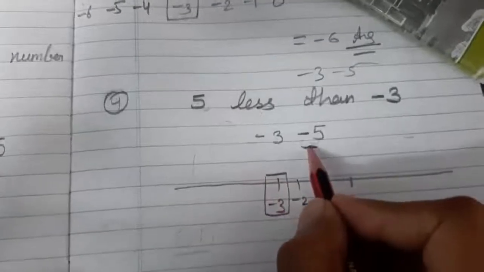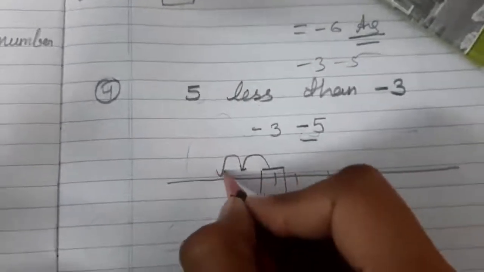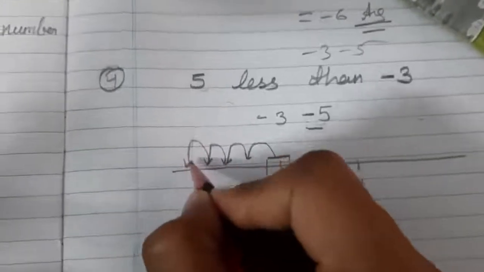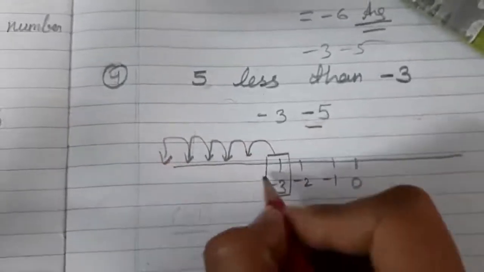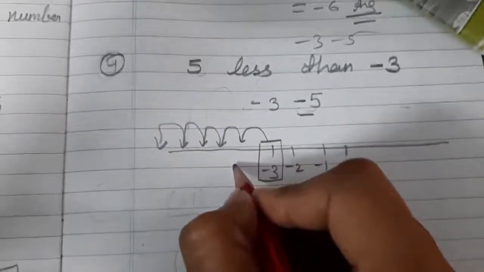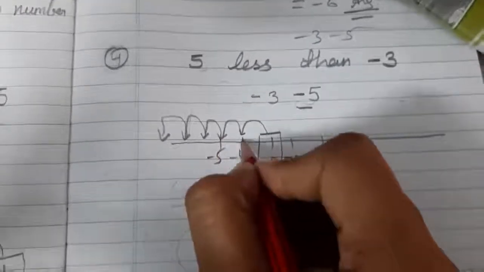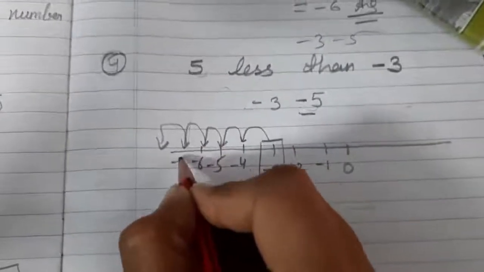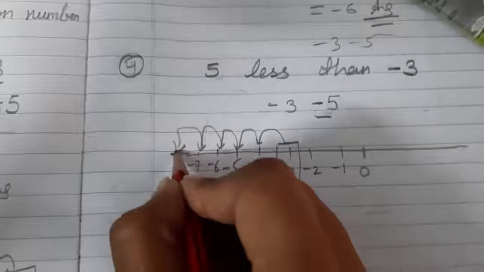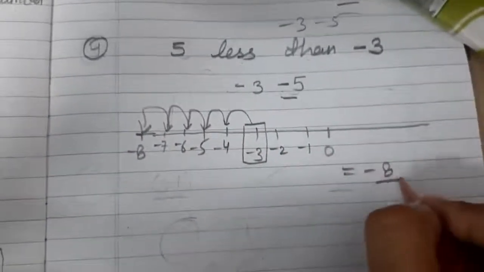How many steps do you have to move? 5 steps. 1, 2, 3, 4 and 5. And according to this arrow you have to write the digits consecutively: minus 4, minus 5, minus 6, minus 7, and this number is your minus 8. So your answer is minus 8.